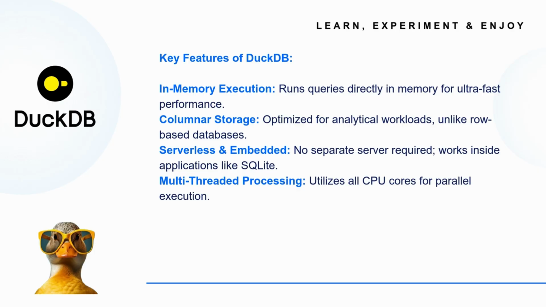DuckDB, on the other hand, stores data by columns, which makes analytical queries much more efficient. When you're running aggregations or filtering on specific columns, DuckDB only needs to load the relevant columns, not the entire dataset. This drastically reduces the amount of data being processed and speeds up your queries.